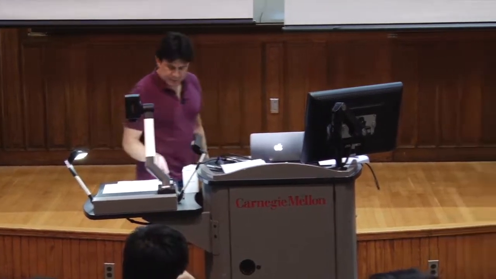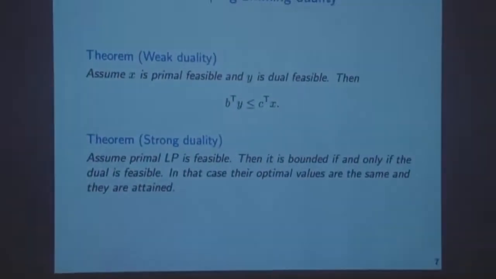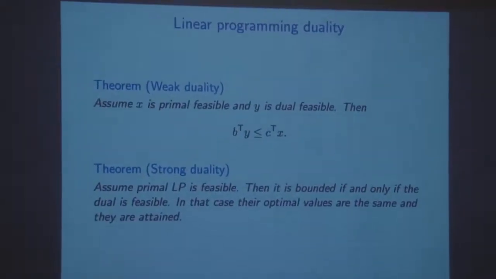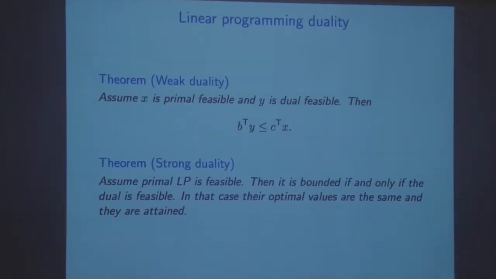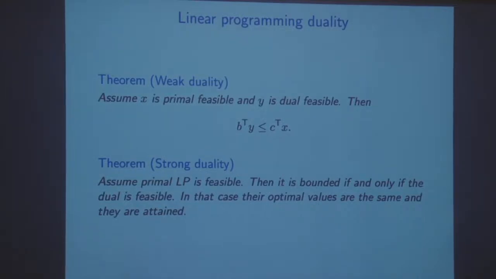Now, the key property of linear programming duality, actually duality in general, is the weak duality theorem. And I want to write the proof of that because it's a very straightforward proof. So what does it say? If we have a point that is primal feasible, right?